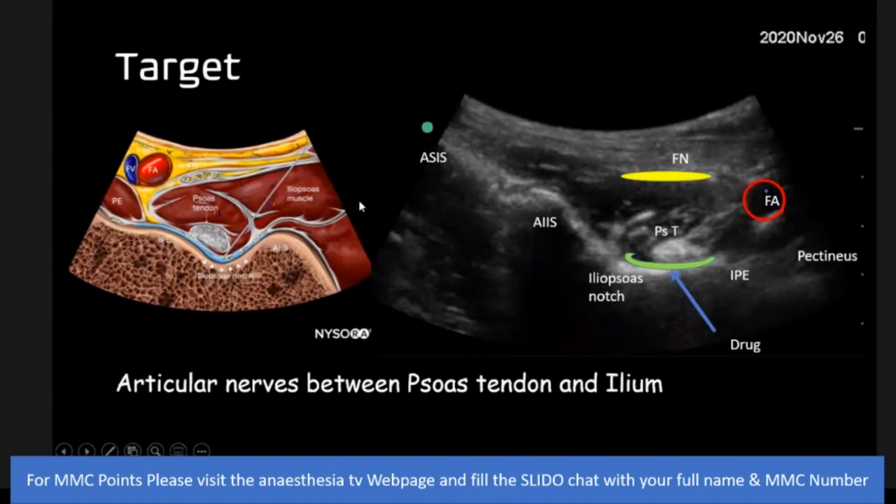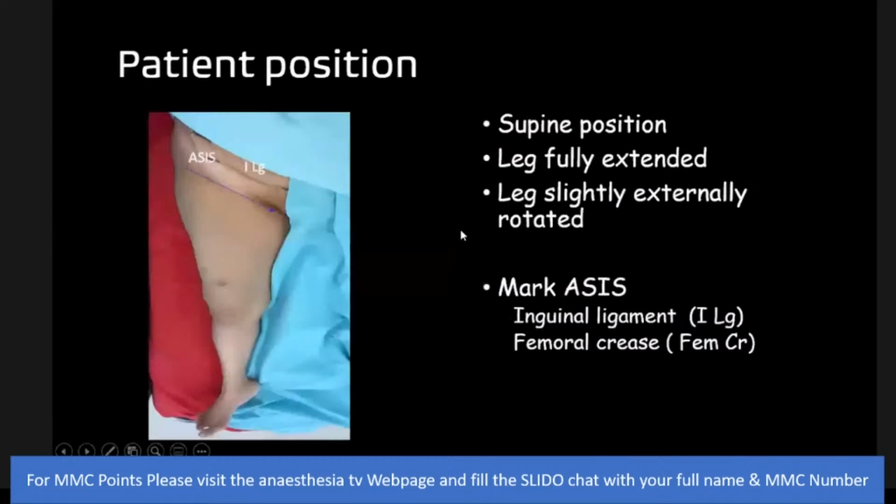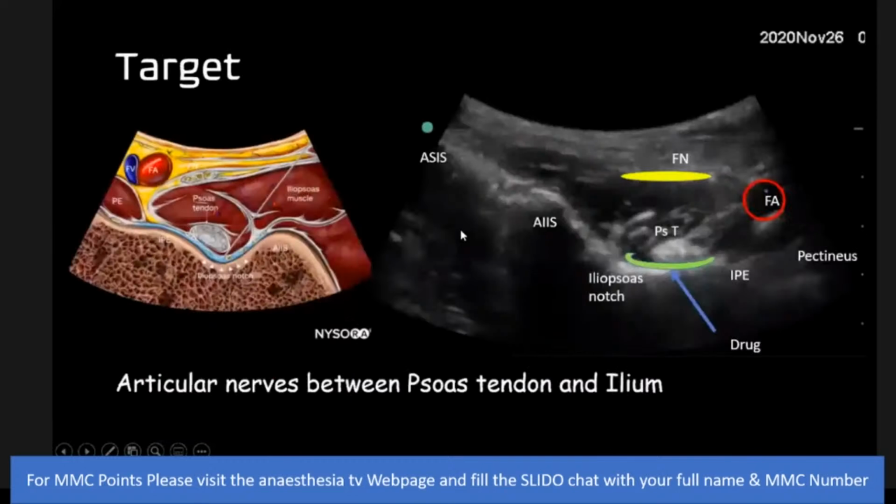We can clearly identify all these structures in this image. They are the ASIS, the anterior inferior iliac spine, the iliopubic eminence.